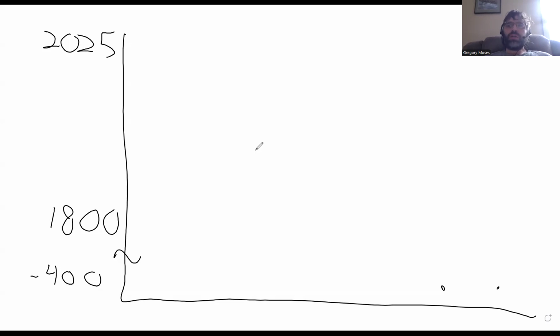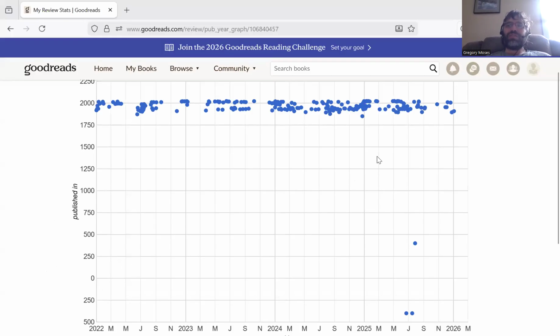So that's one way Goodreads could have resolved this issue. There are other ways. But it is an issue that probably should have been resolved. Goodreads' strategy of doing absolutely nothing has resulted in some pretty unsatisfactory visualizations, as we can see.